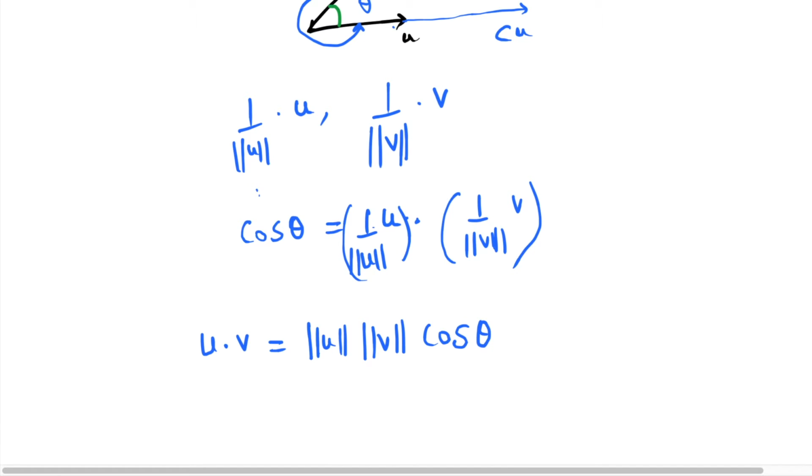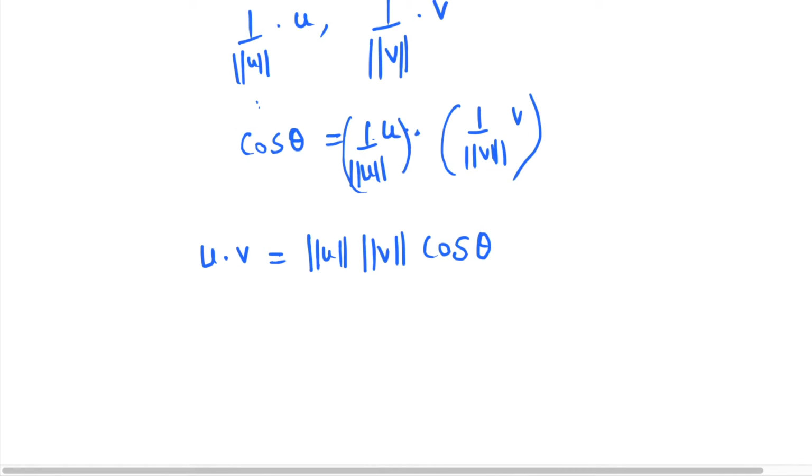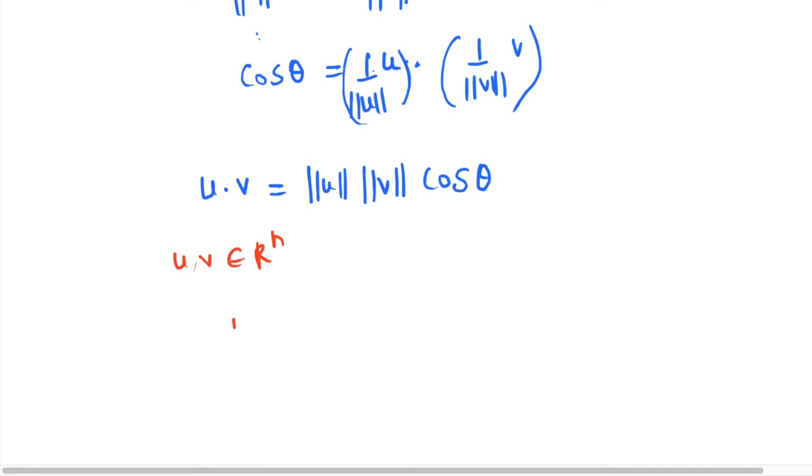While we have proved this result only for R2, it holds true for any vector in any Euclidean space. So let's say u and v are vectors in Rn, and let's have an angle theta between them. Then u dot v will still be equal to the length of u multiplied by the length of v multiplied by cos theta, where theta is the angle between u and v.